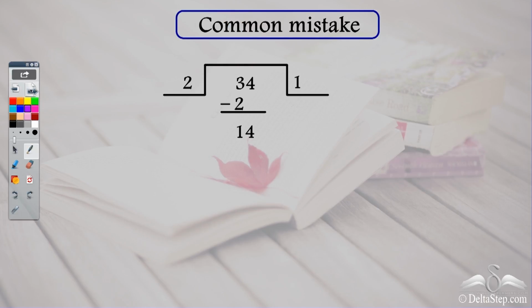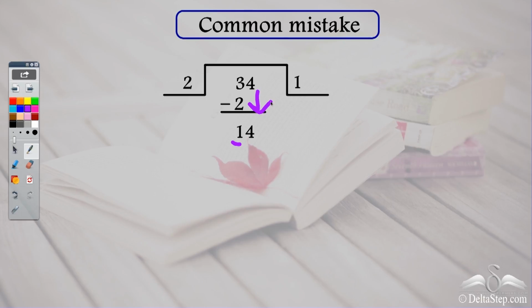But there is one place where you need to be very careful. There is a common mistake which at times happens when we use this method. So when I divide 34 by 2, I have 1 here. So 2 goes into 3 one time. So 2 into 1 is 2 and I subtract it to get this 1 and this 4 is taken down.